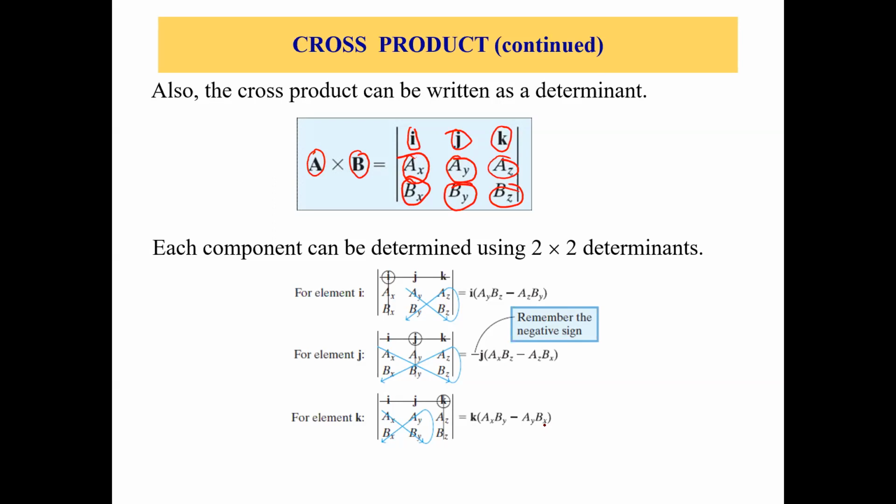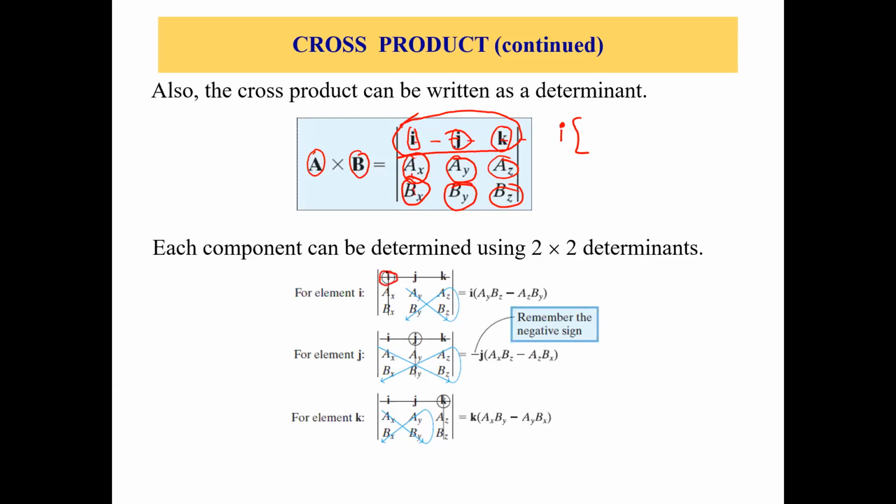You start from one side. Let's start with this row. How do we do it? We do i times something. Once we take i, this row and column are gone, as shown here.